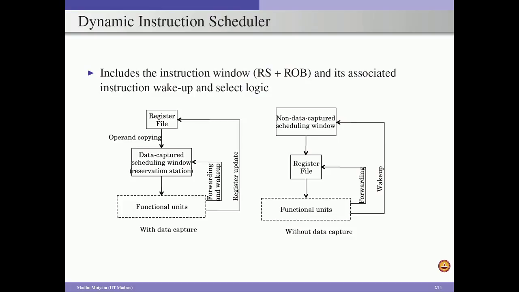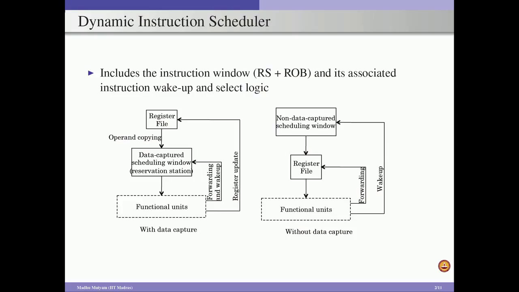Because of this non-data capture mechanism, our reservation station will be very thin compared to the very fat reservation station we considered in the previous design, because here with each entry of the reservation station we need to store only the register tag, but not the contents that are stored in the register.